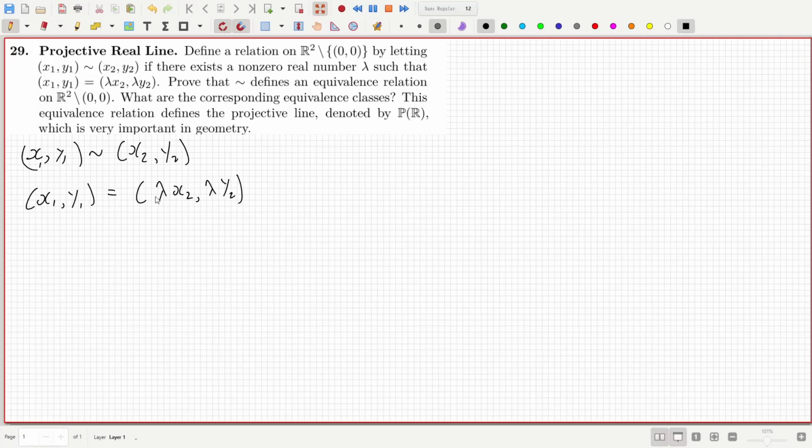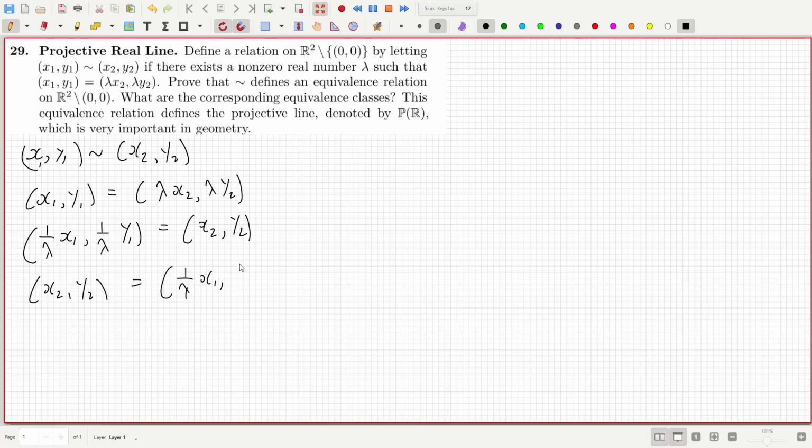So if you divide by λ, you can say (1/λ)x1, (1/λ)y1 equals (x2, y2), or in other words, (x2, y2) equals ((1/λ)x1, (1/λ)y1).